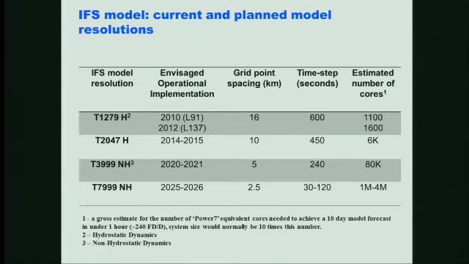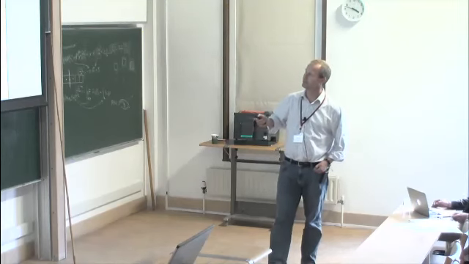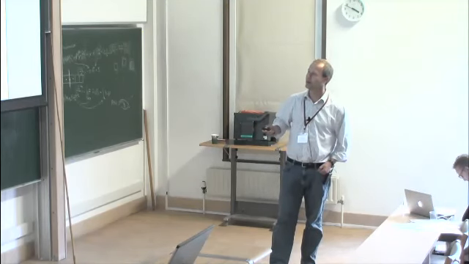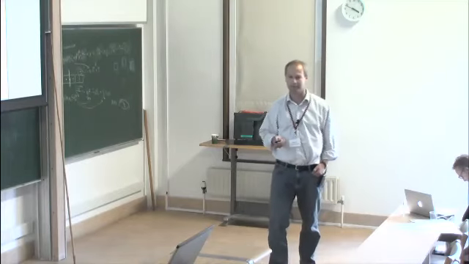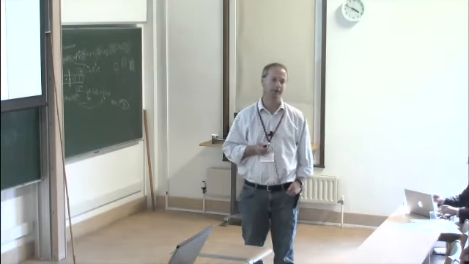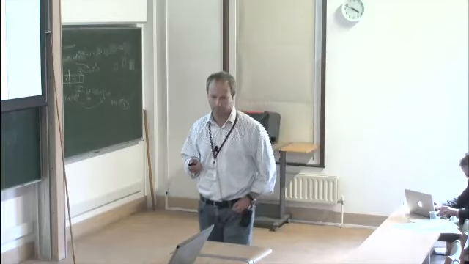These are estimates based on runs we have done, except for this one, because we just can't afford it. But they are nevertheless reasonable estimates of the number of cores we would require in order to run these forecasts in 1 hour. This means achieving 240 forecast days per real day.